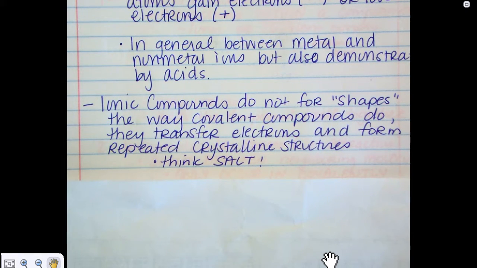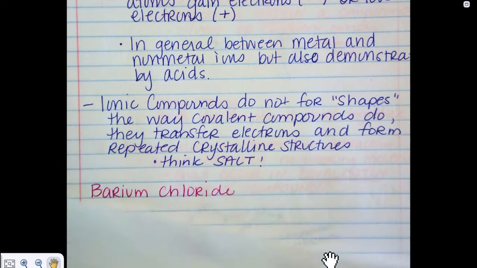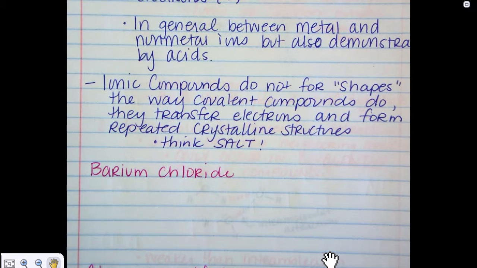That would just take forever, and it's not a great use of our time. We can show everything we need to show by the transfer of electrons, which is how we made the ions, and then we understand how positives and negatives attract, and then they form those repeated crystal structures. So we're only going to go through 3 examples because this is way more straightforward, in my opinion, than what we've seen in the previous video, which is for covalent structures.